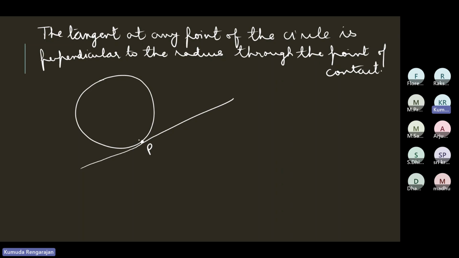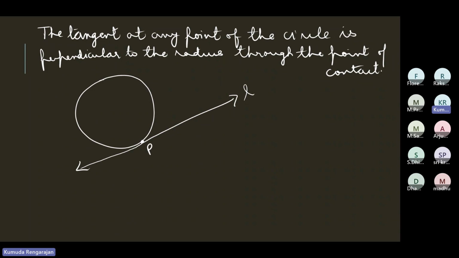So circle, any point on the circle, tangent at P. P is any point on the circle, and this is the tangent. L is a tangent through the point of contact P. Now the tangent at any point of the circle is perpendicular to the radius, which is drawn through the point of contact.